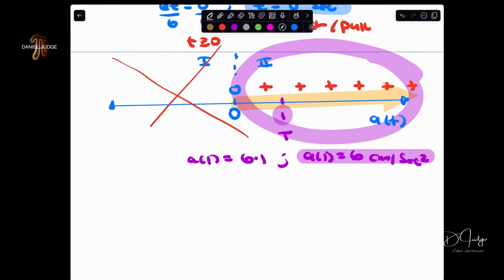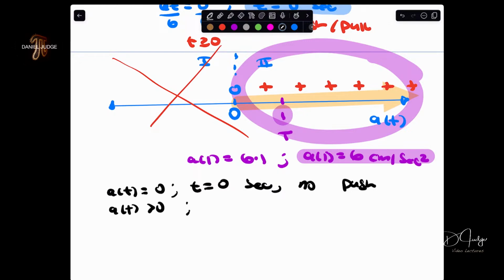So here's our conclusion. Acceleration equals 0 when t equals 0 seconds: no push or pull. Acceleration is positive for t greater than 0 seconds, so you have a right push or pull. There is no negative acceleration.